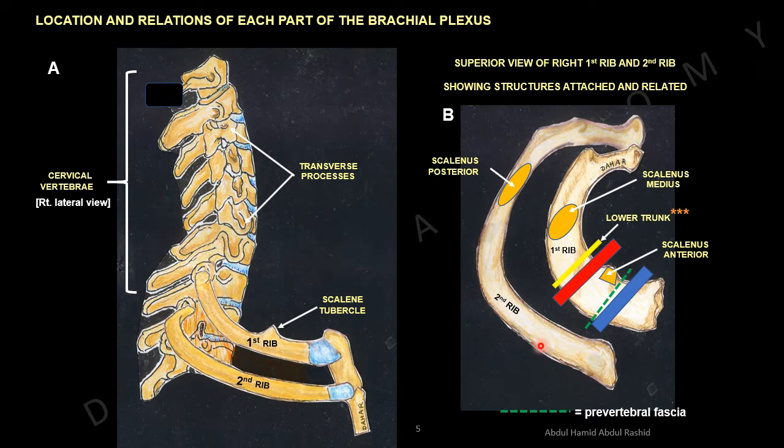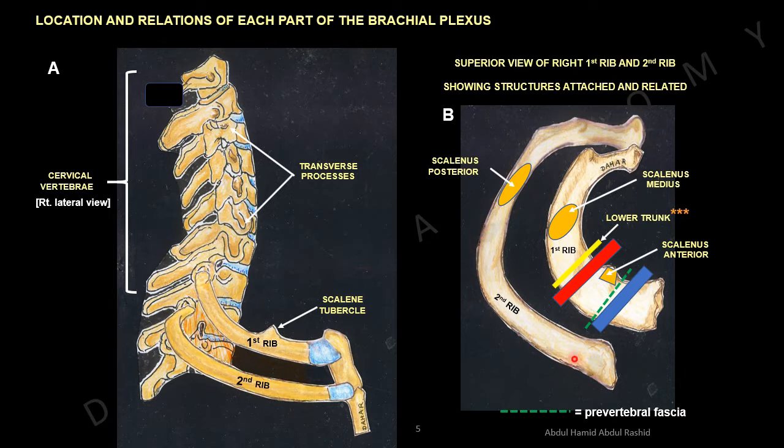We are going to show structures attached and related to these structures. In diagram A, you can see these are the transverse processes of the cervical vertebrae. In the first rib, there's a small tubercle called scalene tubercle, and this is the second rib.